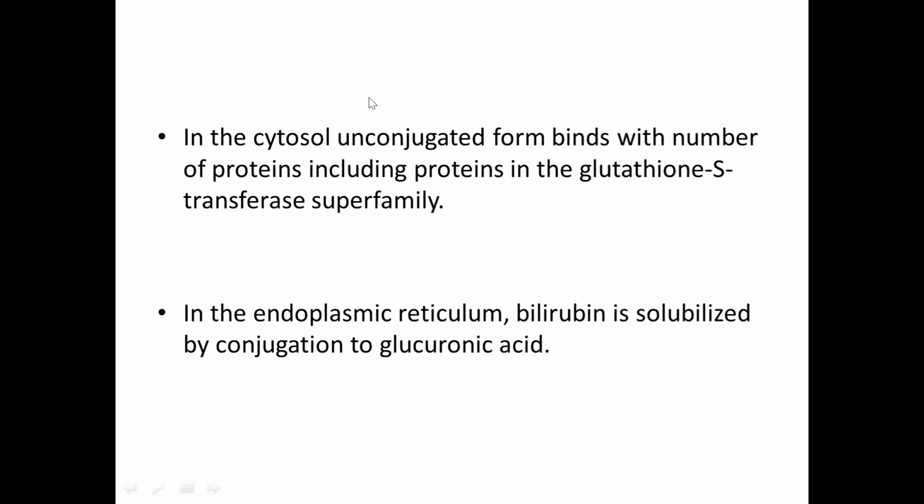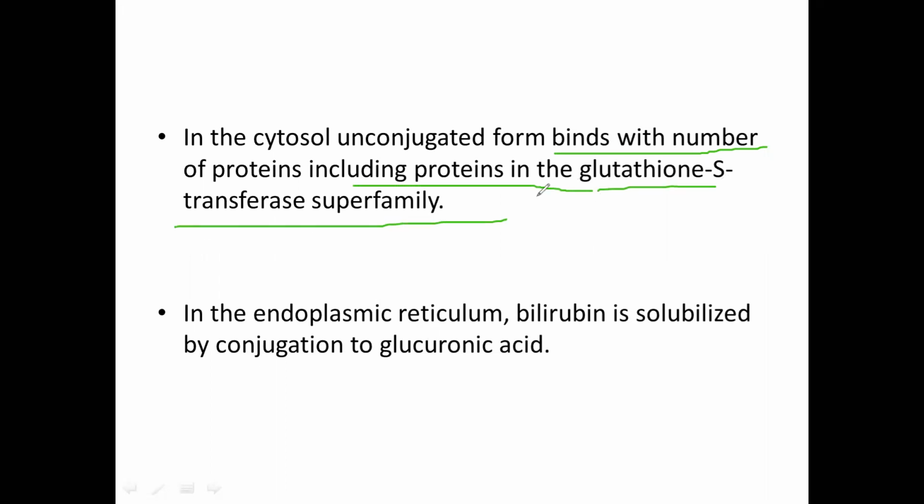So in hepatocytes, that is in the cytosol, this unconjugated bilirubin binds with a number of proteins, including the glutathione S transferase family. So what is the role of these proteins?